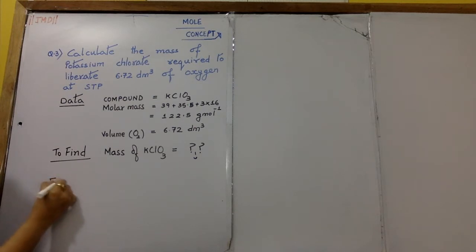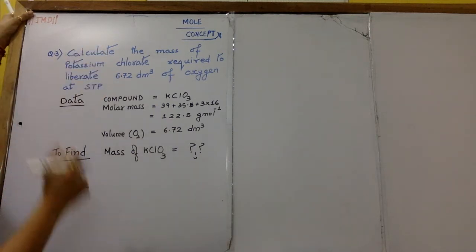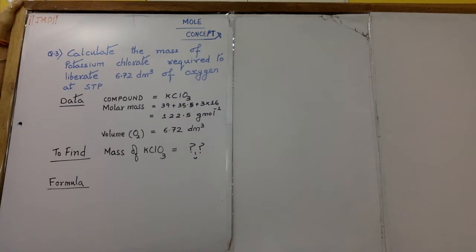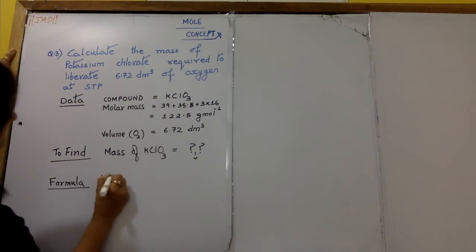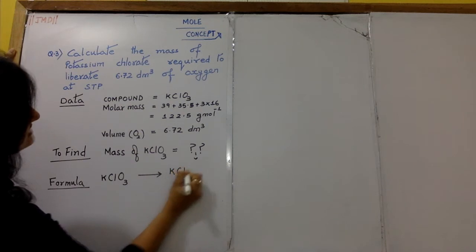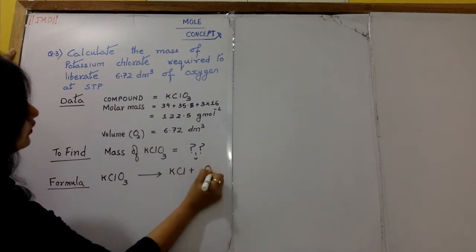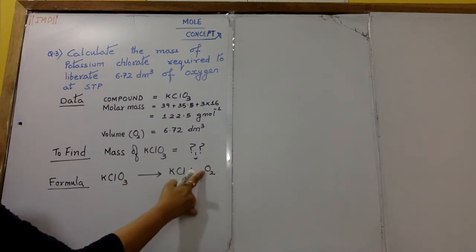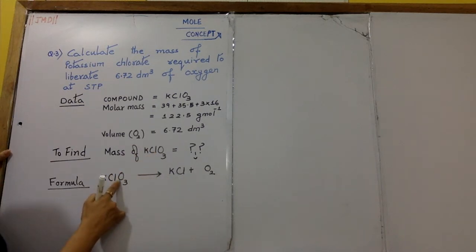So, the very first thing we will do is write the reaction. Calculate the mass of potassium chlorate required to liberate 6.72 of oxygen at STP. So let us see how much oxygen KClO3 can give. Standard equation, it can give me KCl plus O2. O2 is 2O, but I don't want 2O, I want 3O.